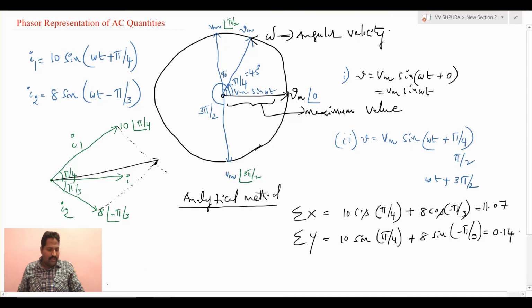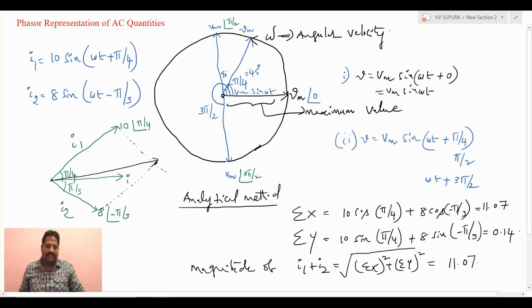If you want to calculate the total magnitude of I1 plus I2, it is the square root of sigma x whole square plus sigma y whole square, which gives 11.07. That is the resultant.